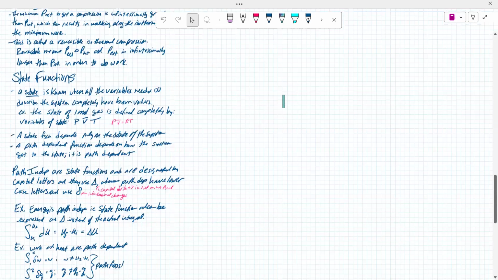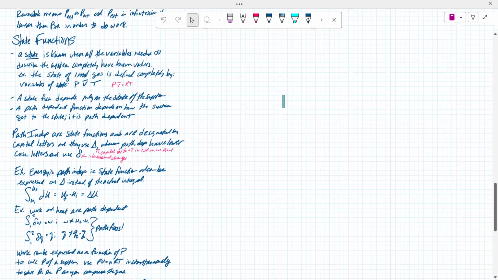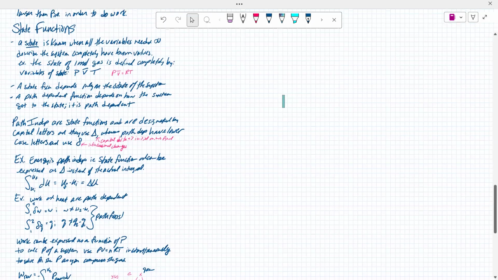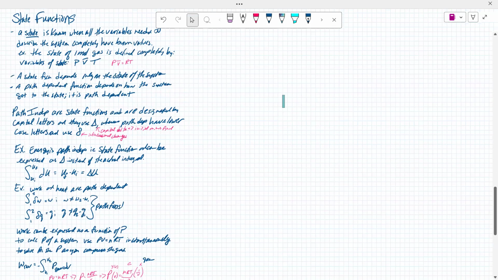And that brought us to our discussion of the state functions. The state functions are really about whether something is going to be the same over the whole process or not. Does it matter how you got there? If it is a state function, it means that it is not dependent on how it got there.